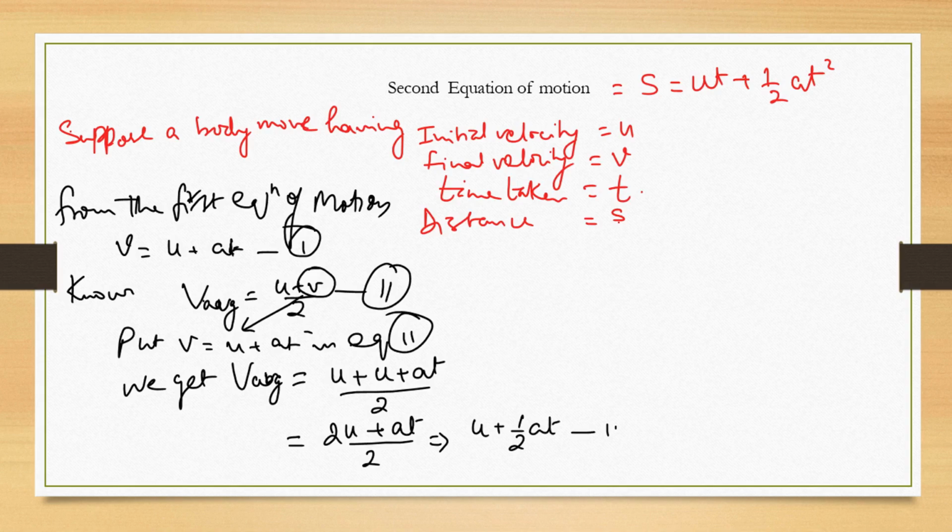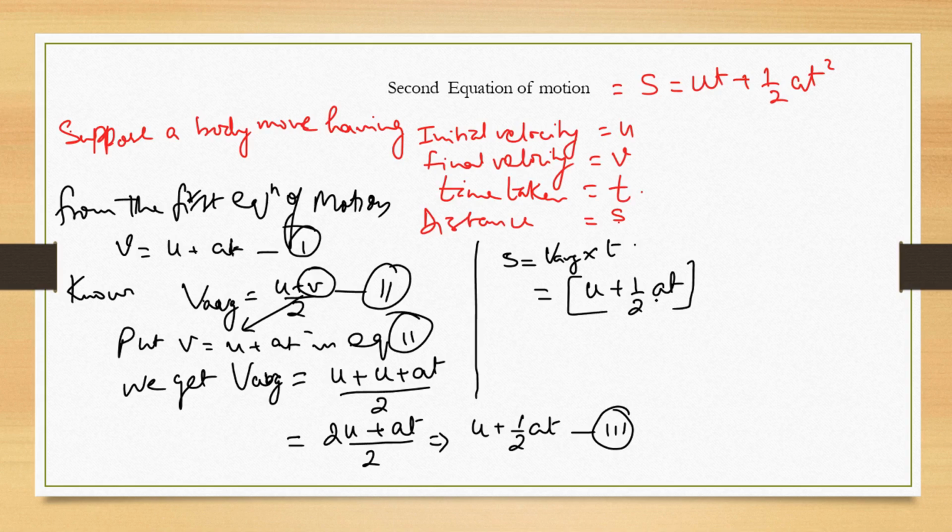This is equation 3. Now for the distance we have s is equal to the average velocity into the time, and the average velocity we have calculated, it's u plus half at, whole multiplied by t.